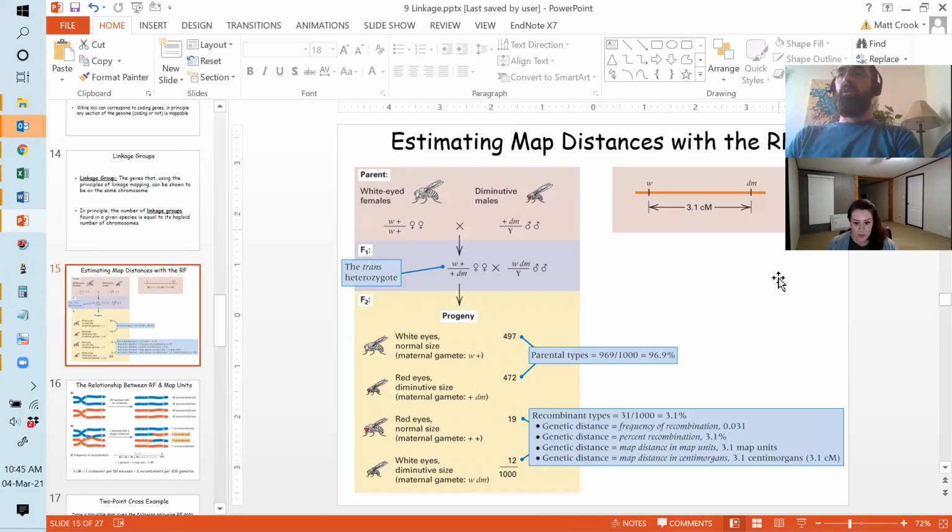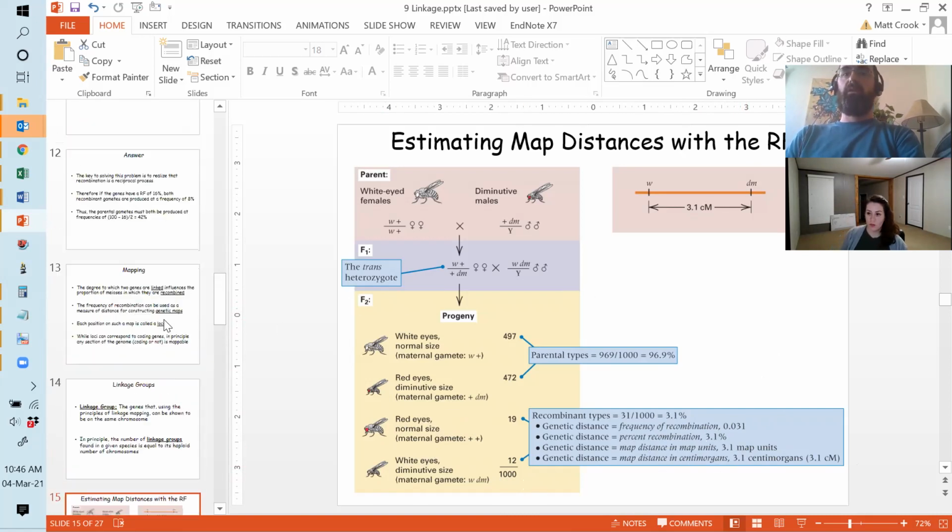So again, if you look at what I posted in chat, recombination frequency: total number of recombinants, which are these ones down here, divided by the total, which is 1,000, times by 100, gives you the map units. So that's 3.1%. And that essentially is 3.1 centimorgans.